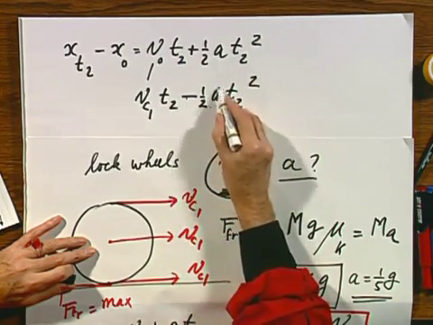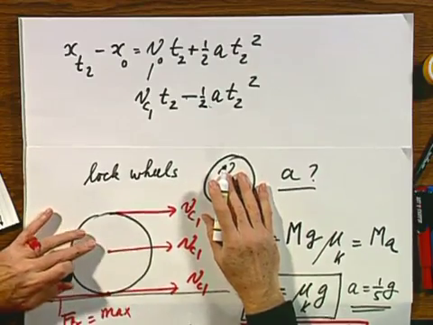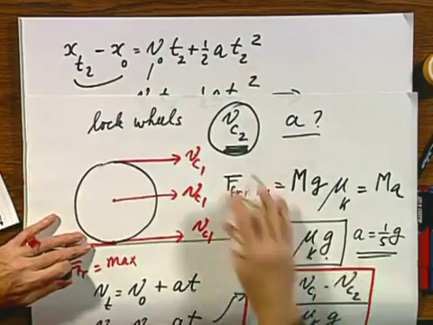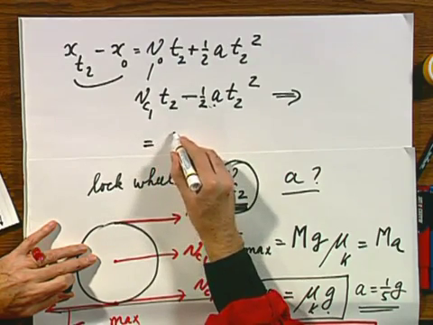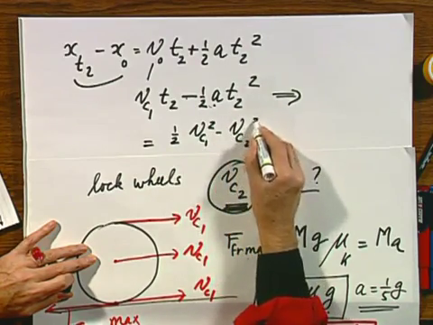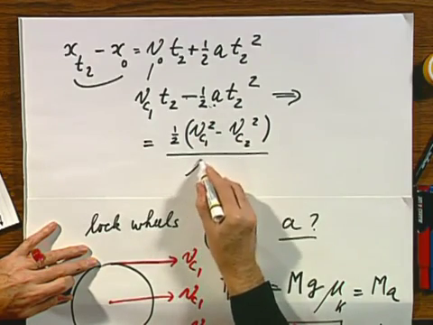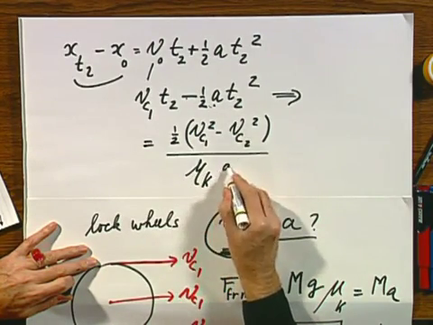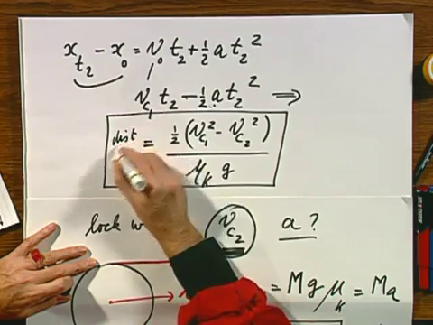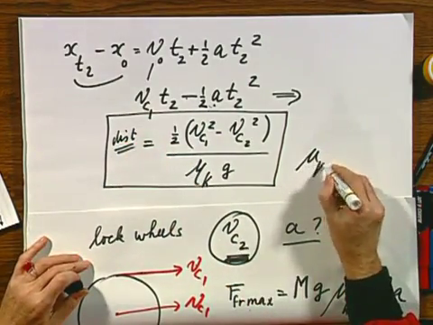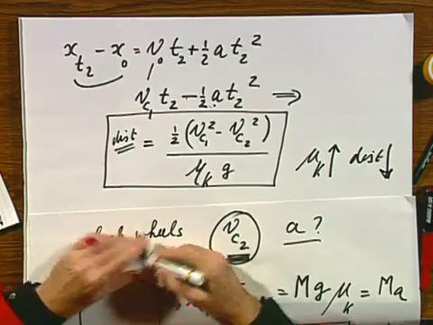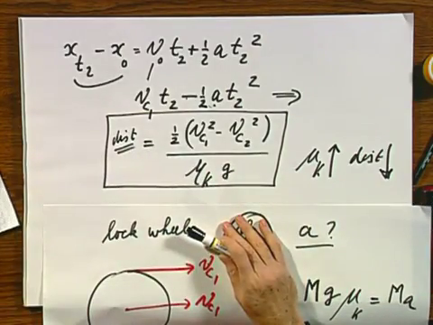I put in a minus sign because now I'm going to put in a positive value for a. And when I calculate this, I know what a is, I've just calculated a, so I find that the distance traveled equals 1/2 times vc1 squared minus vc2 squared divided by mu k times g. And so this is the distance traveled. Notice that if mu k goes up, the distance traveled goes down, and that is quite intuitive, I would say.